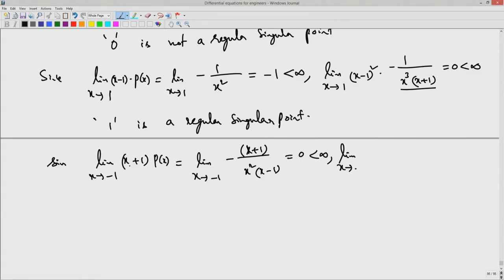Again, as x goes to minus 1, (x plus 1) squared times minus 1 by x cubed (x plus 1); I can cancel one factor and this is still 0. So no issues, minus 1 is also a regular singular point.